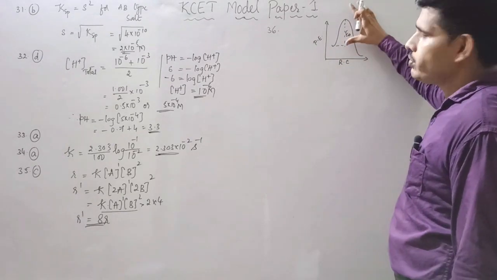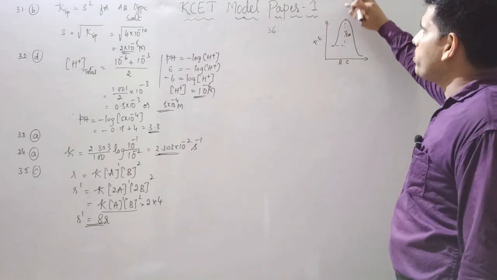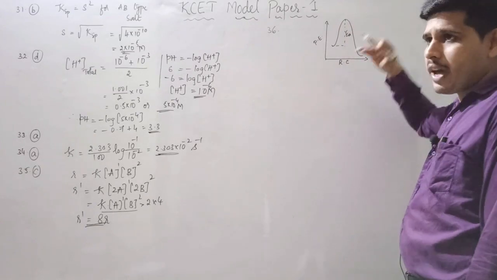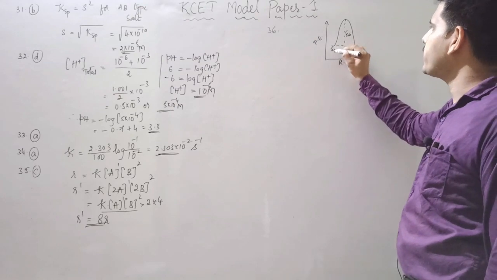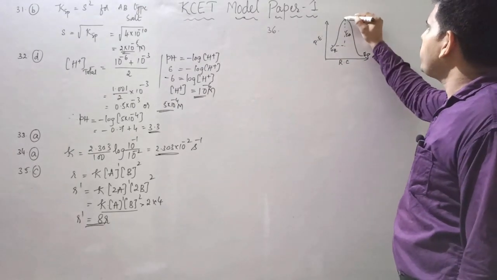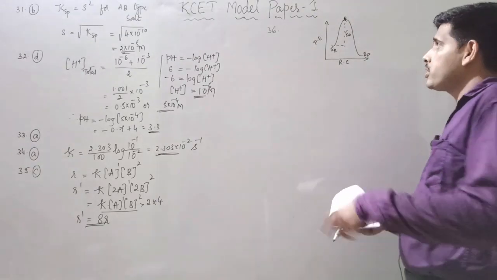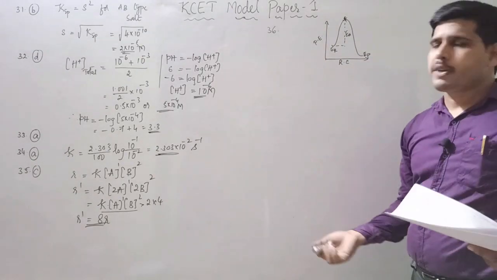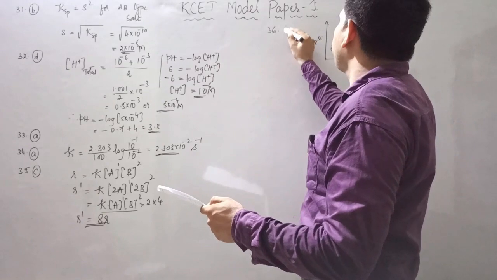The more the height of this bell-shaped curve, the slower the rate, because it has to reach that height and then come back, isn't it? As this energy barrier increases, speed becomes less and less. This is the energy of the reactant, this is the energy of the product. Once this threshold value or activated complex state is reached, only then is product formation possible. So if that height increases, the reaction becomes slow. So the option for the 36th one is B, very slow.